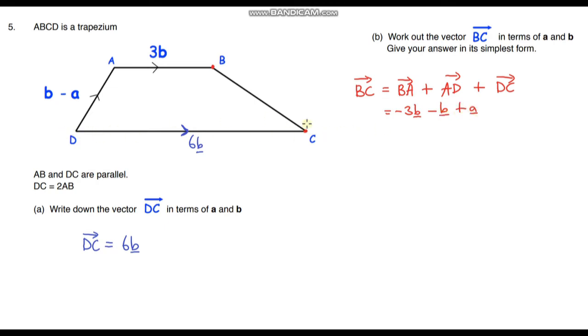And finally, from D to C, well, that's just positive 6b. So let's simplify all of this. So let's start with the a's. We've just got 1a. And now the b's, we've got 6b minus 3b. That gives us 3b. Take away another b, we are left with positive 2b. So that is our answer, a plus 2b.